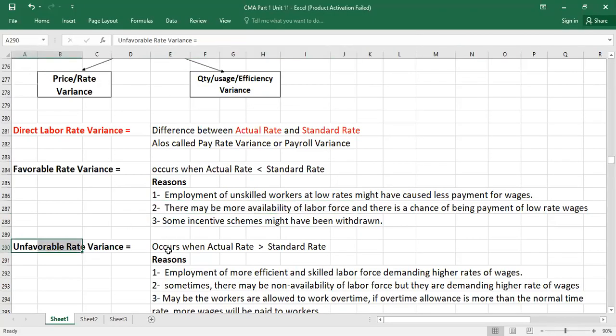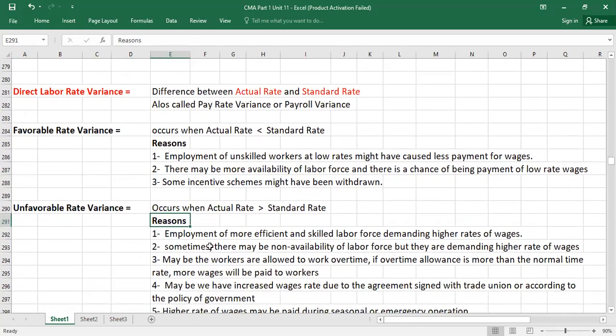Unfavorable rate variance occurs when actual rate is greater than standard rate. So this could result in unfavorable rate variance, and the following could be the possible reasons. Number one reason could be the employment of a more efficient and skilled labor force. If you deploy more efficient labor, they will demand higher rates of wages.